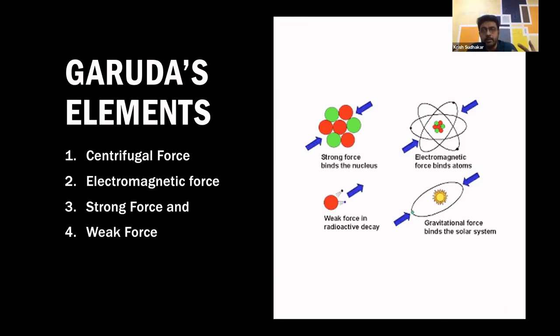Now, how do we get that in numbers is the question. How do we build a mathematical model which is going to be predicting the contribution of these forces, and from that it has to arrive at a value for the property. Now, for our understanding purposes, we figured out 4 different forces: centrifugal force, electromagnetic force, strong force, and weak force.